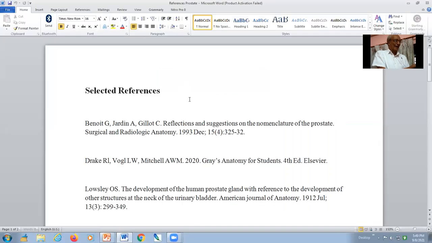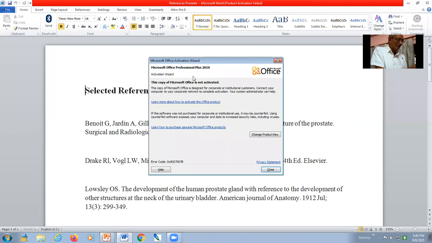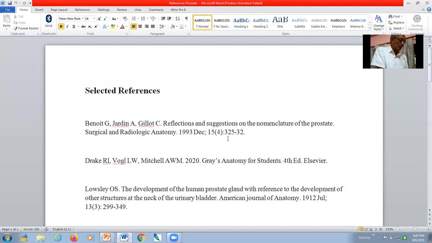And then the next slide, some references I have selected, and here they are. I already referred to Lowsley, 1912, then McNeal, 1968, and here are those references.